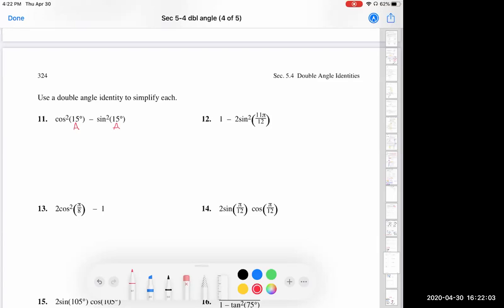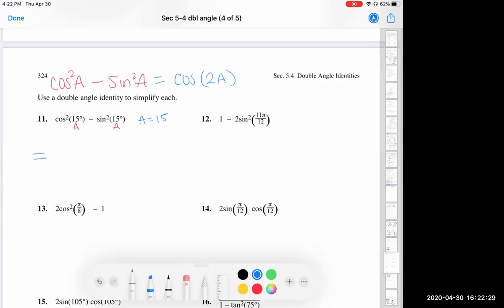So we see that this is the same thing as cosine squared A minus sine squared A. Do we have a formula for that? Yeah, we do, right? And that is a double angle for cosine. So the same thing as cosine of 2A. So this is my A. My A is 15. Let's replace it.